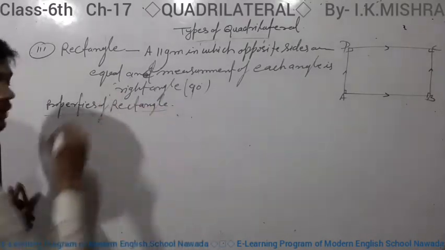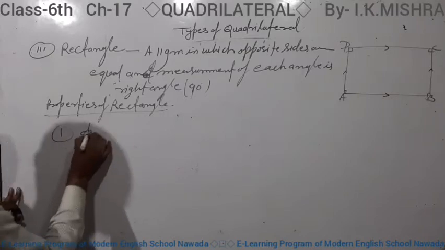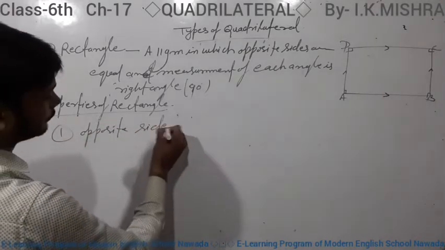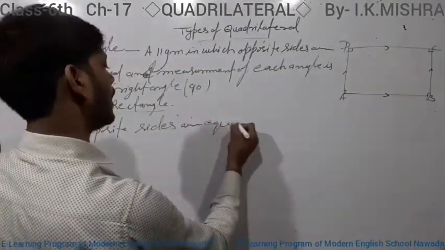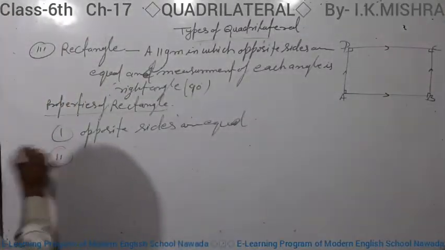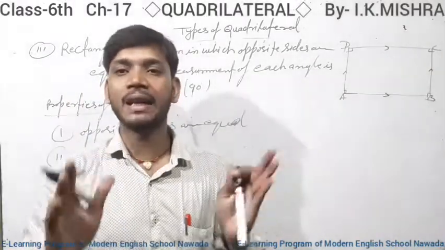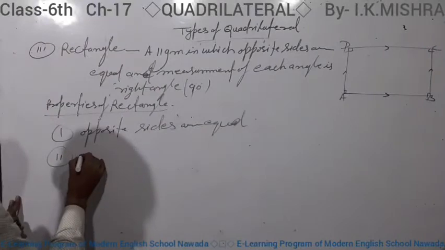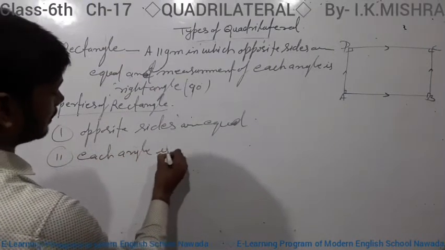What are the properties of rectangle? Here first, opposite sides are equal. Second, measurement of each angle is equal to 90 degree.